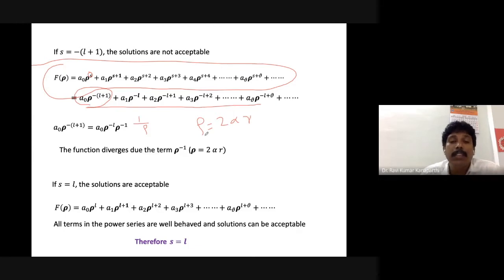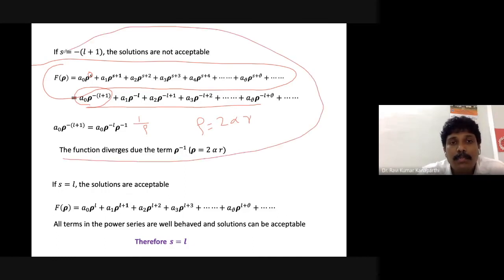If you decrease the value, it will diverge. So therefore, s is equal to minus of L plus 1 cannot be acceptable as a solution, because the solution basically diverges, because of all these 1 over rho terms.